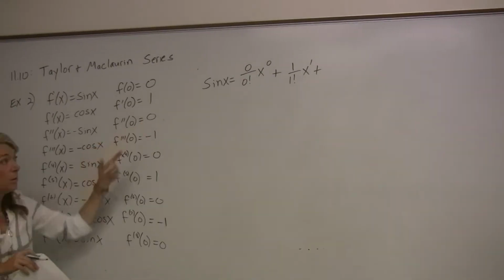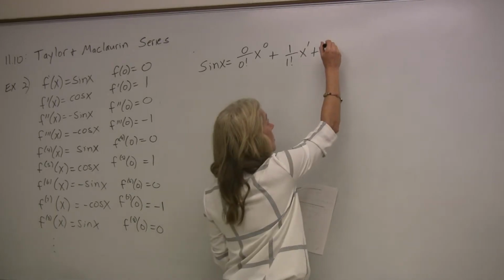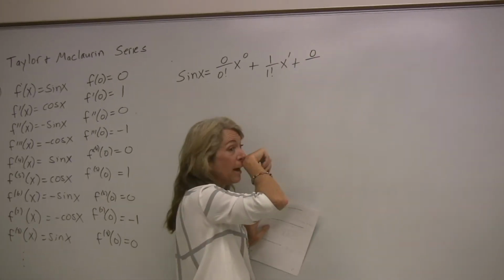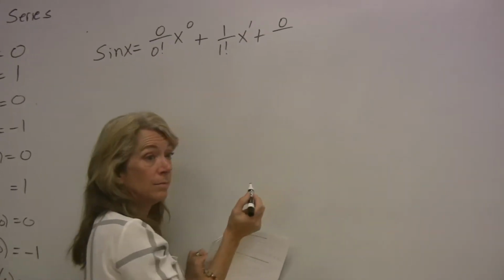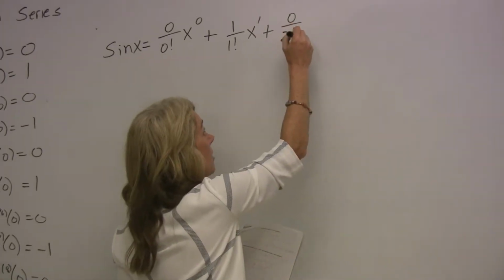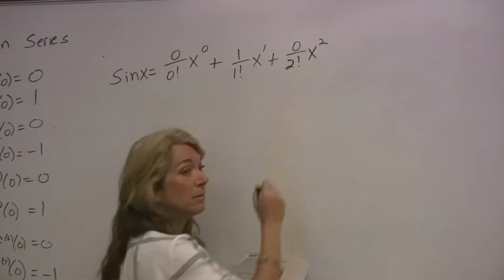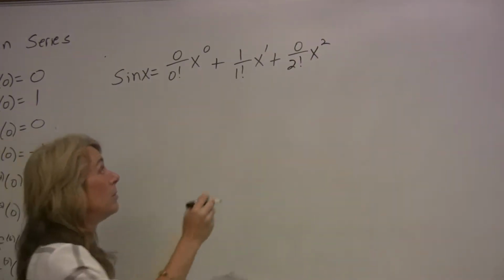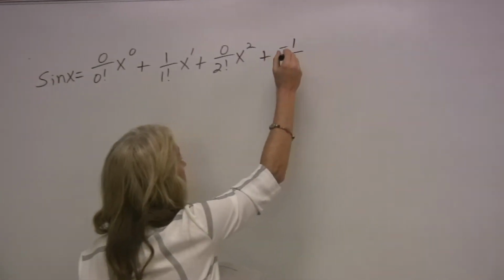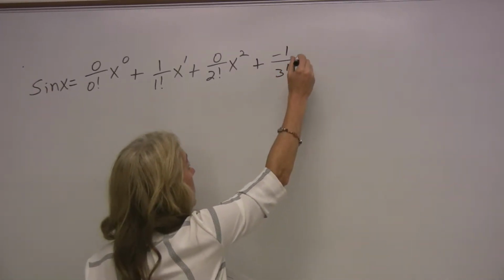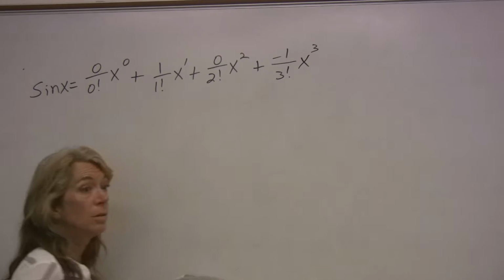The next one for the second derivative is 0 again, divided by 2 factorial, because we're on the second derivative now, x squared. The next one is -1 over 3 factorial x cubed.